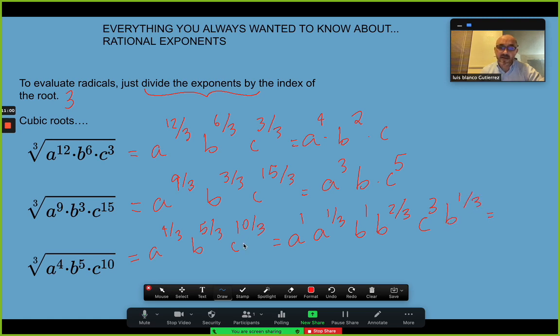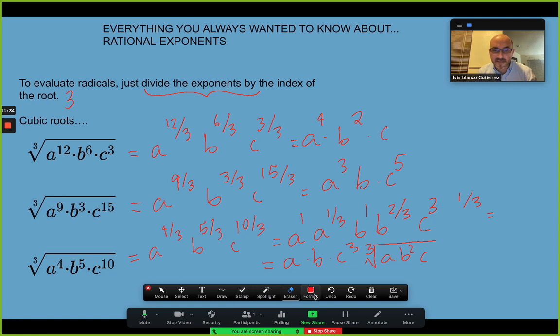So everything that goes with whole exponents is going to be outside. So it's going to be a times b times c to the third. And then what is going to be inside the cubic root? The remainder. So it's going to be a with the remainder of 1, so a, b to the second, times c. I mean, that's how you do it. So I think I made a mistake, and the last one is not b.